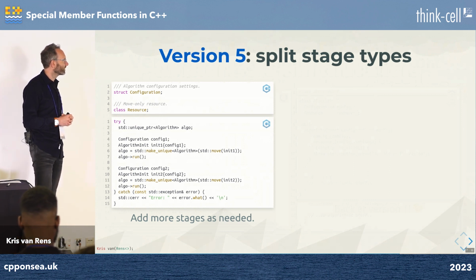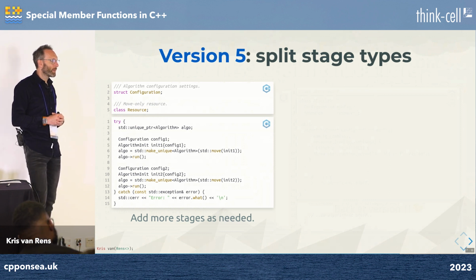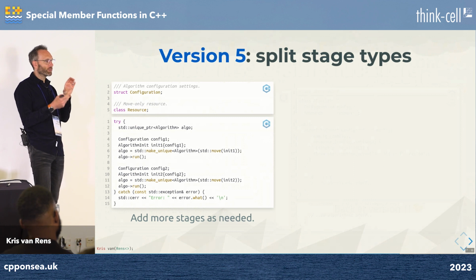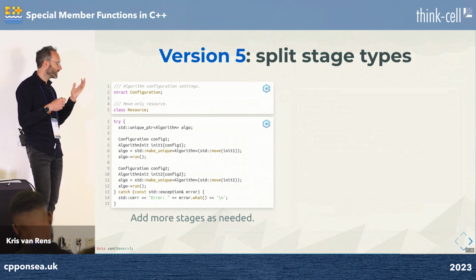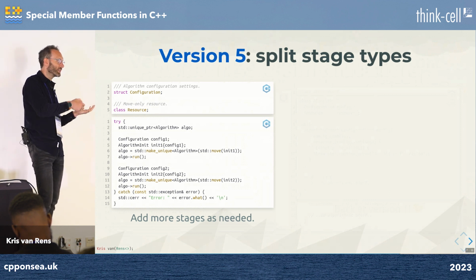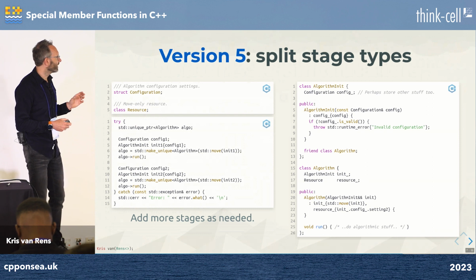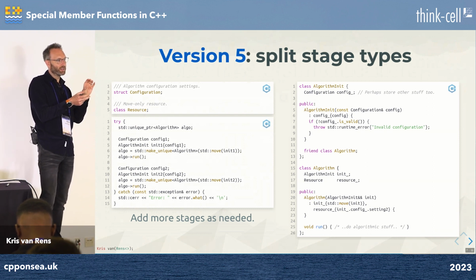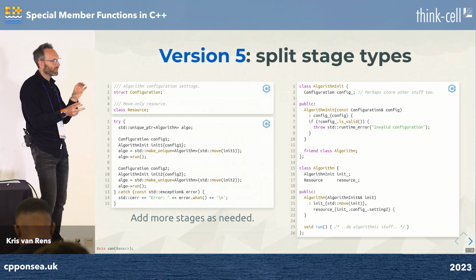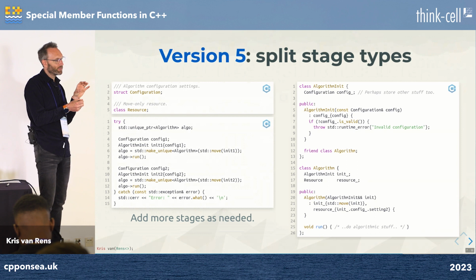This is the version where we basically take apart our algorithm class into separate stages. And in this case, it's a bit silly because we only have 2 stages, otherwise my code wouldn't fit on the screen. But we have 2 stages, which is the initialization state and the run state. And each of those states only has the member functions that make sense for those stages.